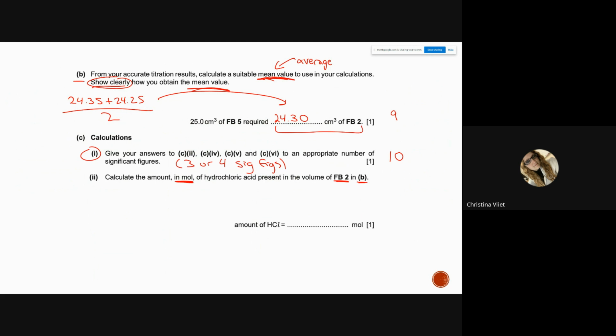The average amount that was needed to change the color. So at the neutralization point. So we know from part B, the information we have is we have 24.30 centimeters cubed of FB2. We know that we needed that for the titration.